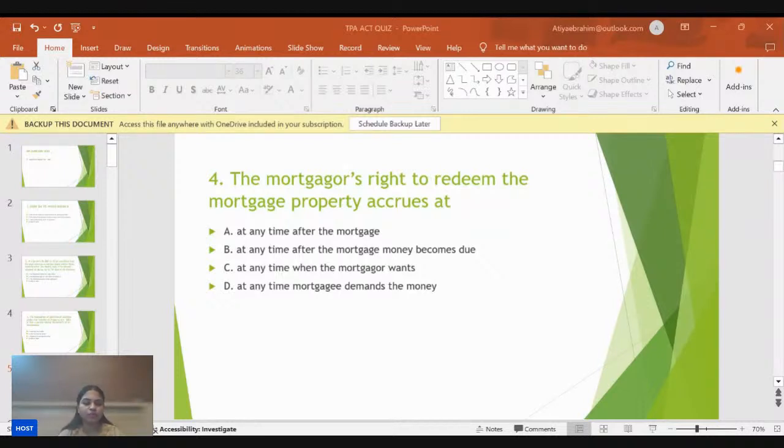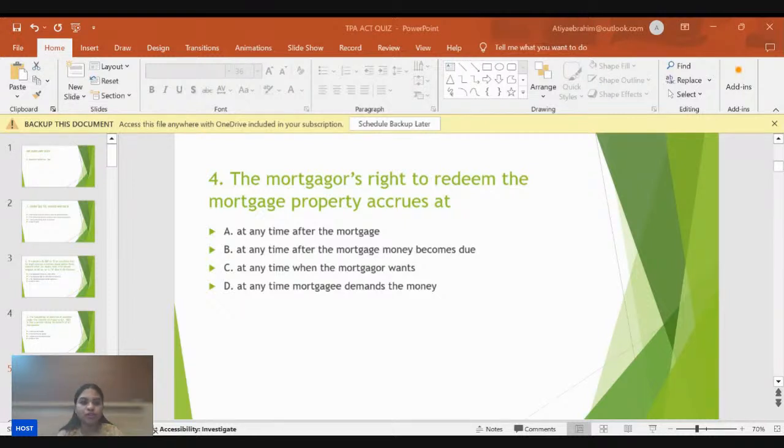See the 4 options and let me know the answer. Okay, so Priya has written option C for 4, right? Any other answers to this?